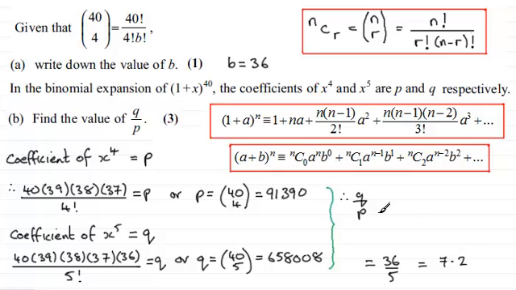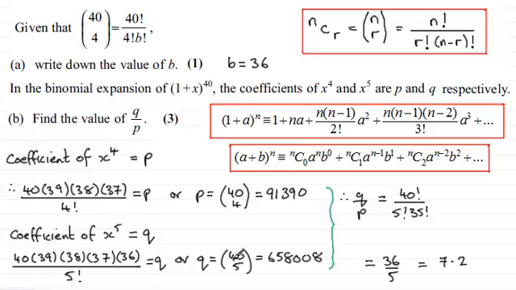Now, I've left a little bit of space here because you could actually do this very easily without a calculator. I'll show you how. We know that q is 40C5, and using our formula up here, that would be equal to 40 factorial divided by 5 factorial, divided by 35 factorial.